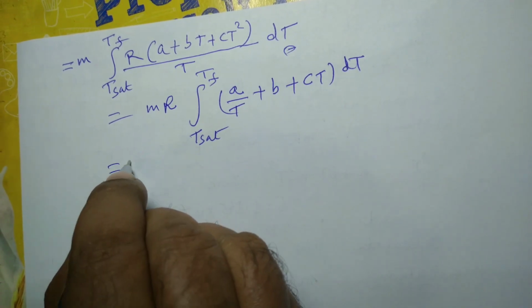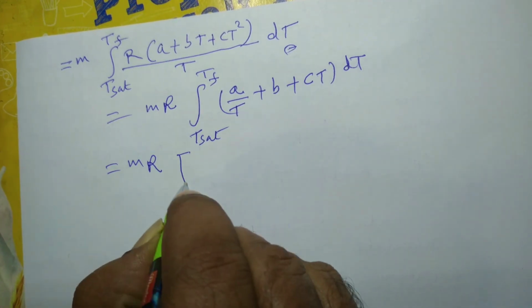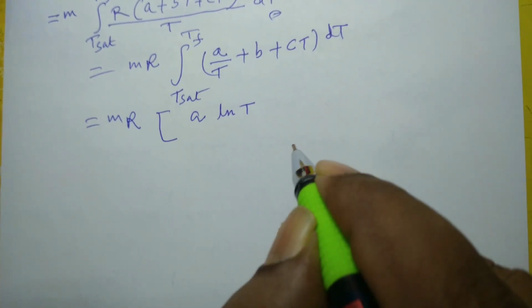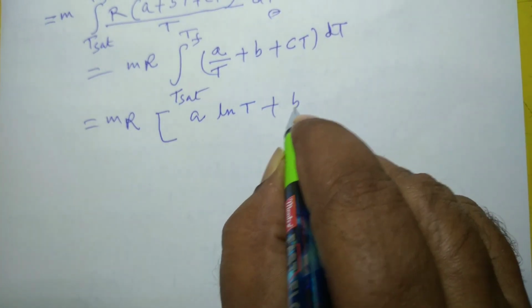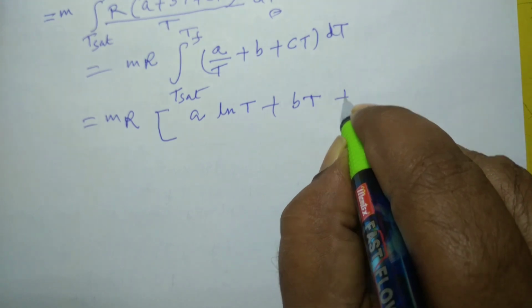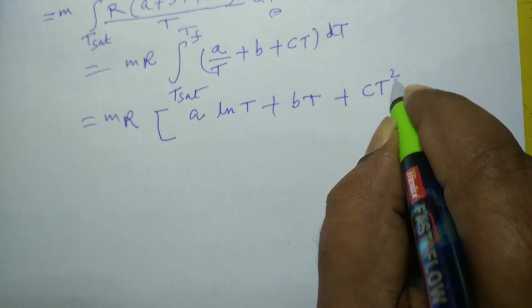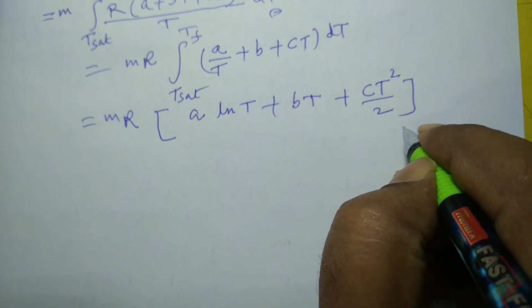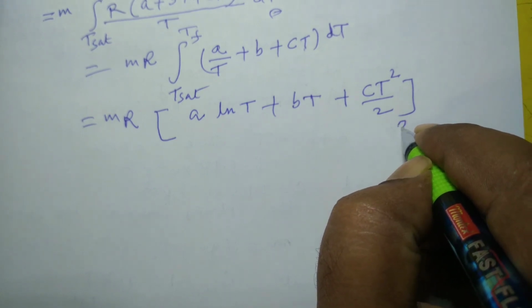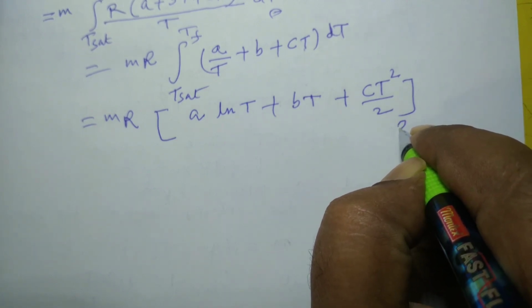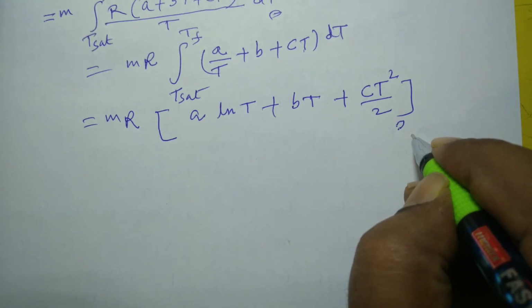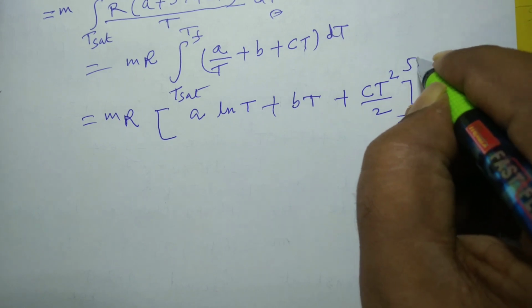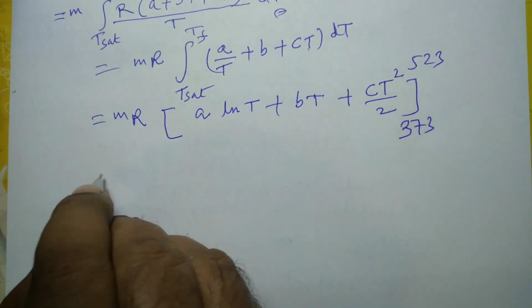So this is equal to mR times A ln T plus BT plus CT square by 2, the integral of T dT, with limits from 373 to 523 in terms of Kelvin.